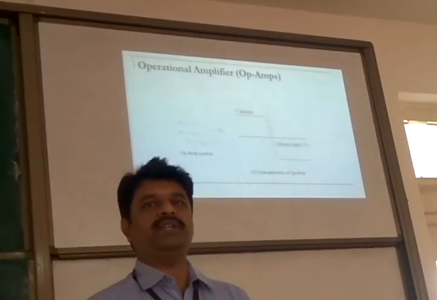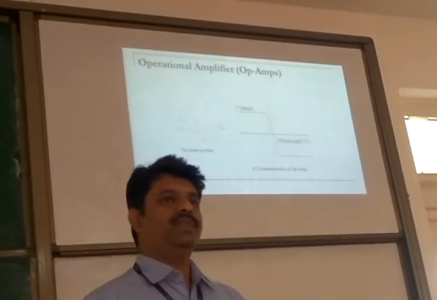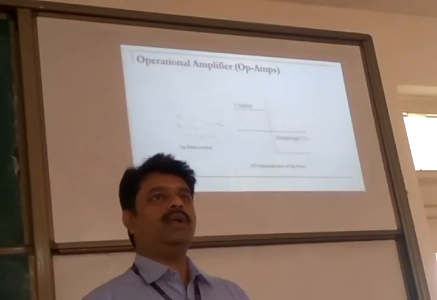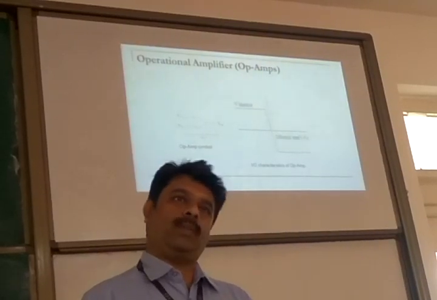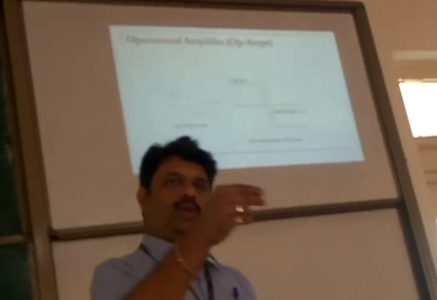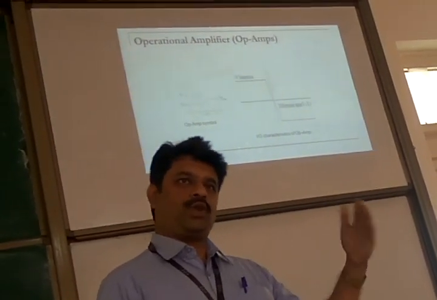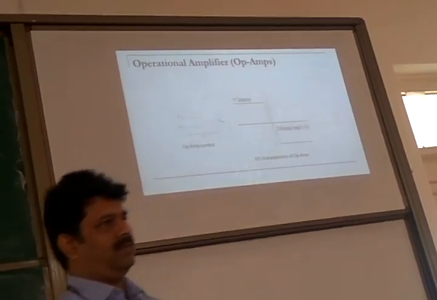In an operational amplifier, you have to give two supplies, whereas there it was one. You have to give one positive power supply and one negative power supply. 12 volts means plus 12 volts and minus 12 volts. You should have both. There it is plus 12 volts and ground in the normal amplifier.